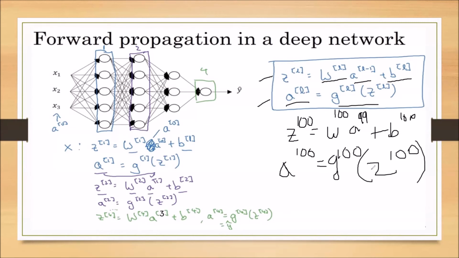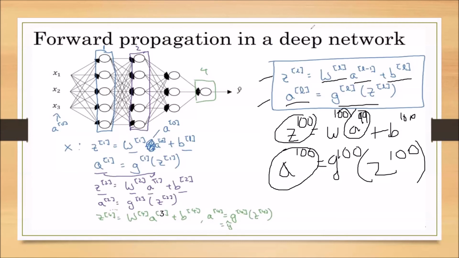A very simple point: to calculate the 100th layer activation unit, we take the activation units of the 99th layer and multiply with the weights or parameters. Then we get the Z. We substitute that Z in the activation function and we get the 100th layer.